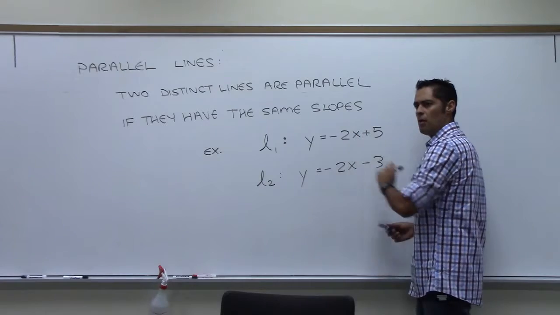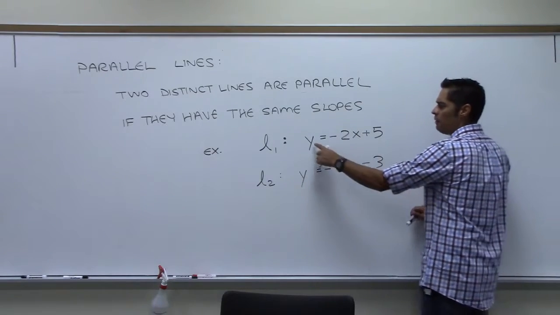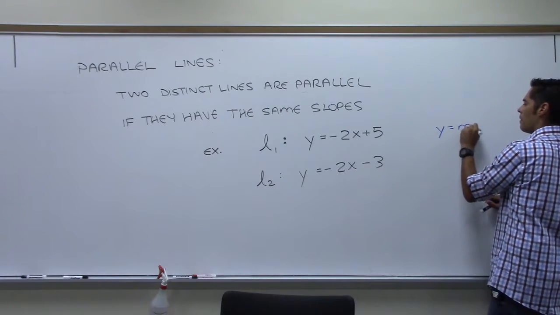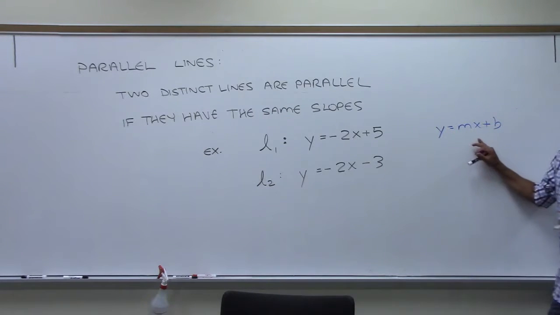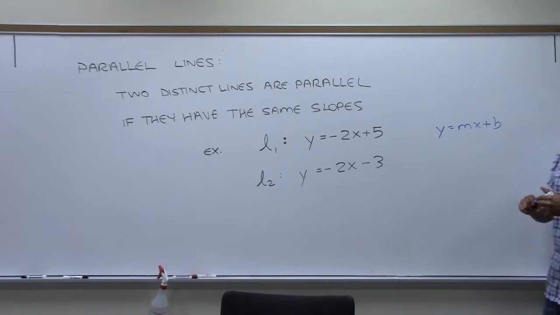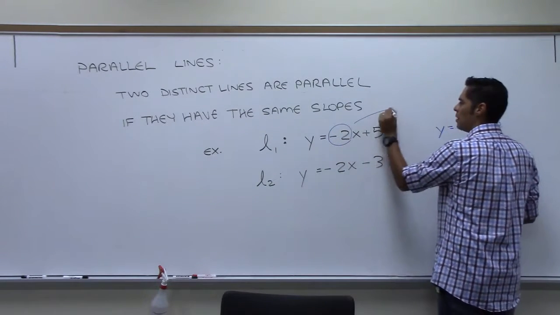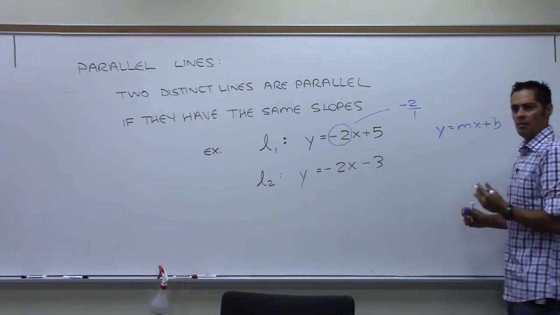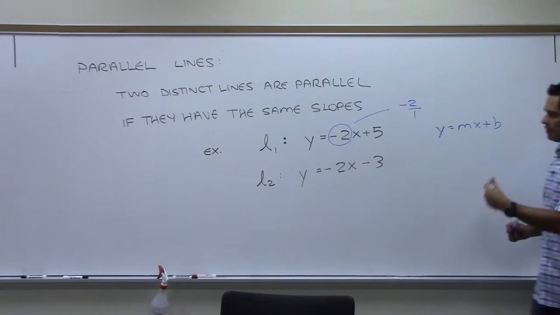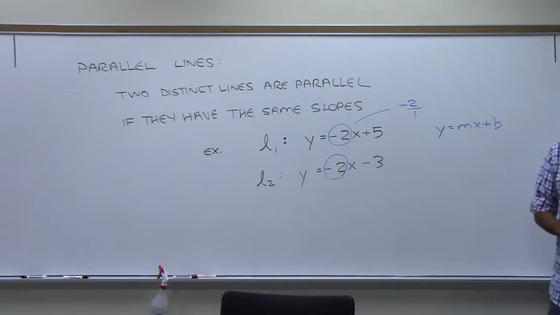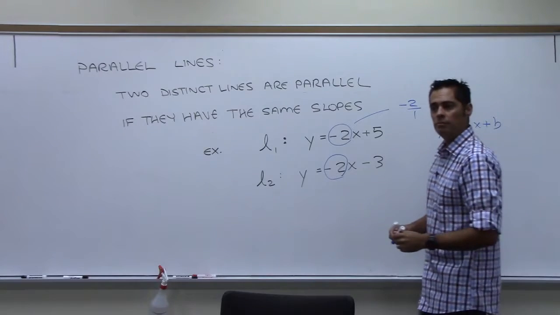Since it is solved for y, both of these equations are in the form we talked about last class. Just by looking, you can identify their slopes. What is the slope of L1? Negative 2, right? We could write that as negative 2 over 1, but it's the same thing, rise over run. The next line has a slope of negative 2 also. Since they're the same, these lines should be parallel.